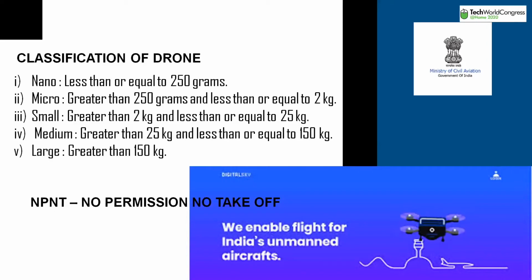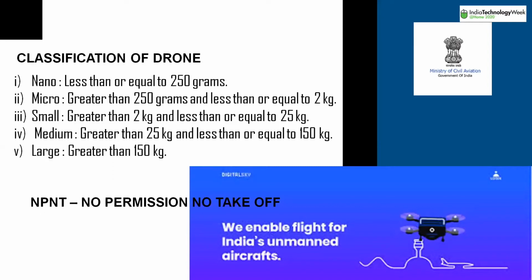When you're talking about drones, it is very important to be well aware of this regulatory framework and its barriers, so that you don't fall into any trouble unknowingly. I would recommend everybody to go through the DGCA website and visit the Digital Sky portal.